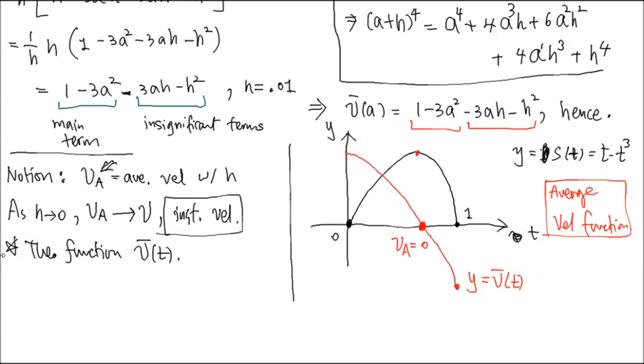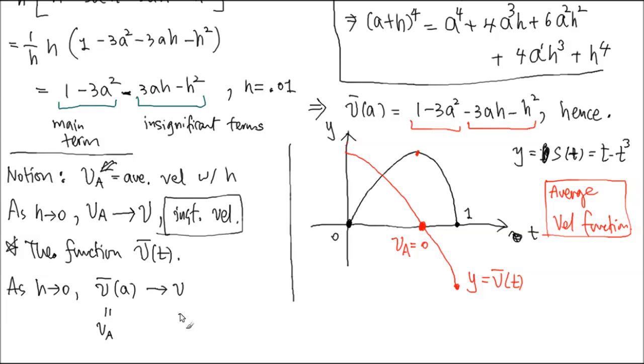So as h approaches 0, each of this v bar a, for example, if you're looking at a certain time slot, is actually the v subscript a, just a number. And what happens to that? It approaches some number, the v, right? Instantaneous velocity. And then at each point a, we get this new value.